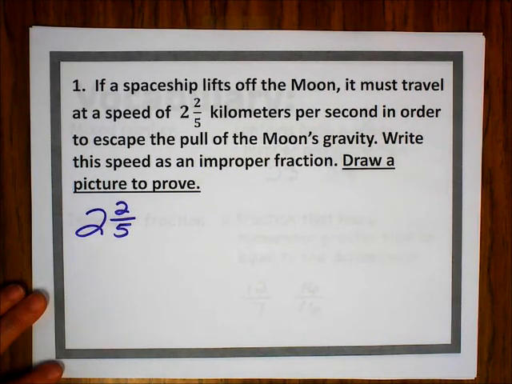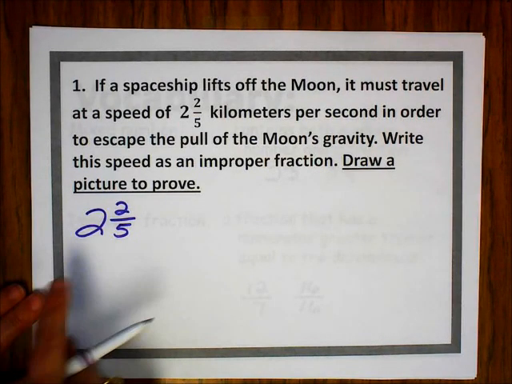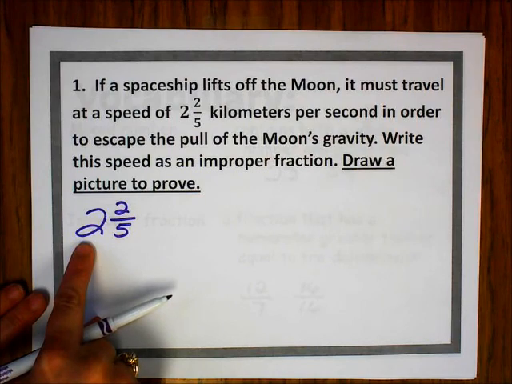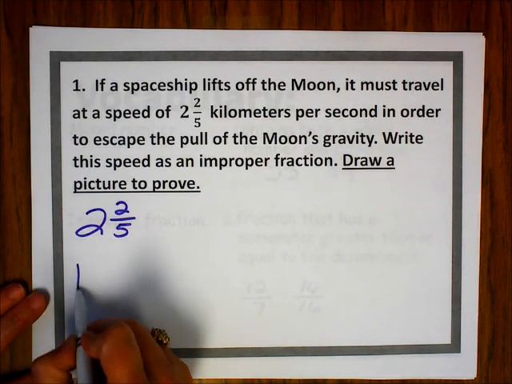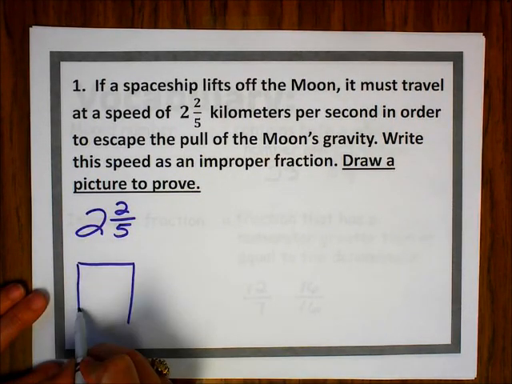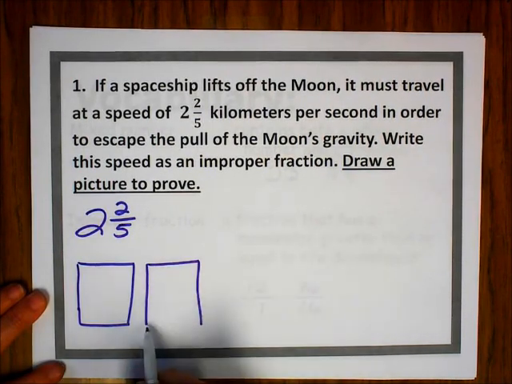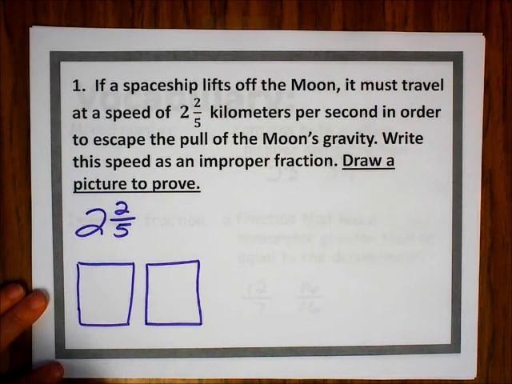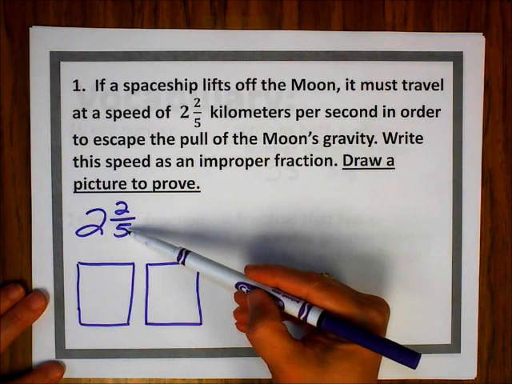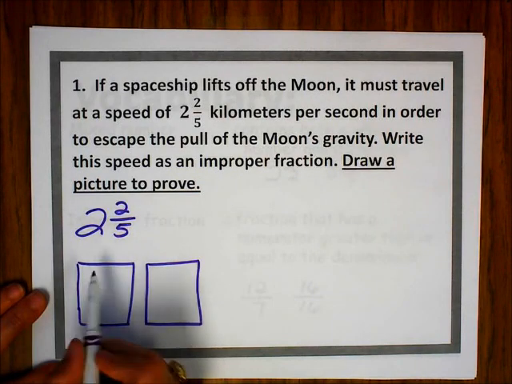We're first going to draw a model to prove how to change 2 2/5 into an improper fraction. My whole number 2 tells me that I have 2 wholes. So I'm going to draw 2 rectangles to represent my 2 wholes. Now notice, since my denominator is 5, each whole needs to be divided into 5 equal pieces.